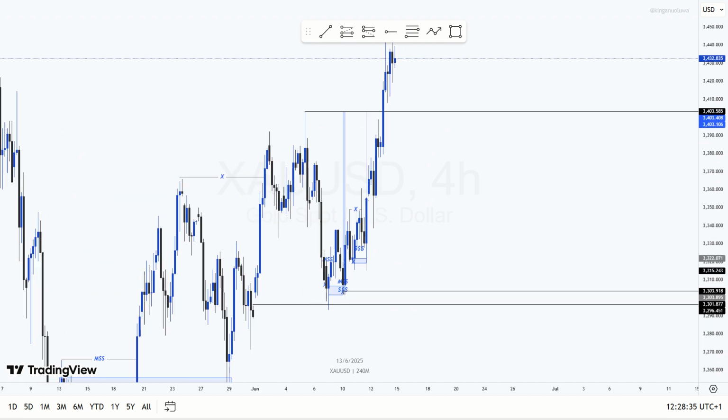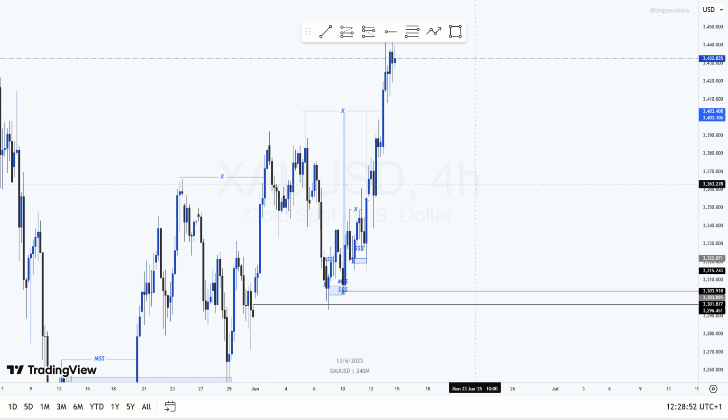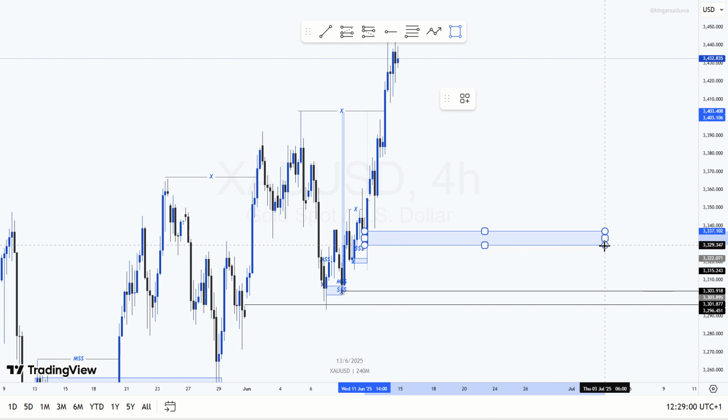So right here, this line I drew right here, we have a break of structure. Let me just delete that line. So we have this break of structure right there. Then where they expect price to pull back into and continue the buy, this OB, this order block right here.